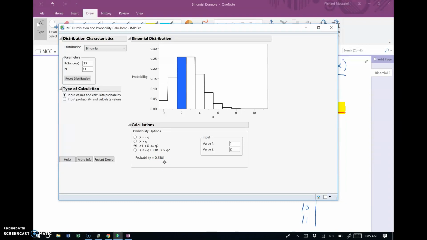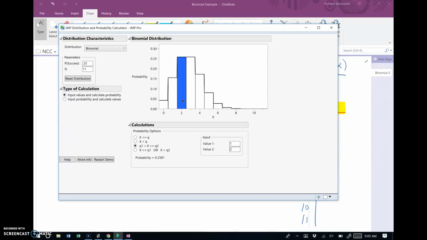So when you want an exact probability, put the exact value you want in value 2, put the value just before it in value 1, and then verify that you have the probability you're looking for, which you'll know because the bar is shaded clearly. This value is 0.2581.